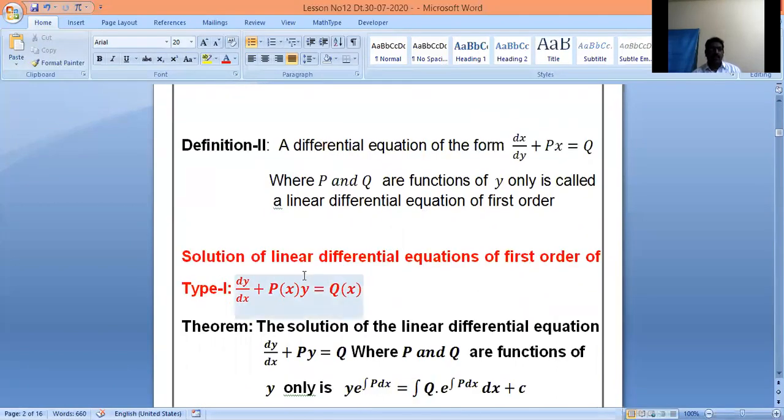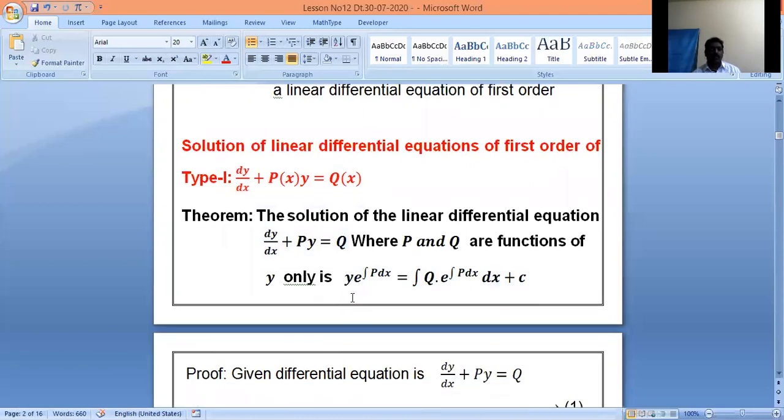Solution of linear differential equation of first order of type 1, that is dy by dx plus p of x into y is equal to q of x. Theorem.